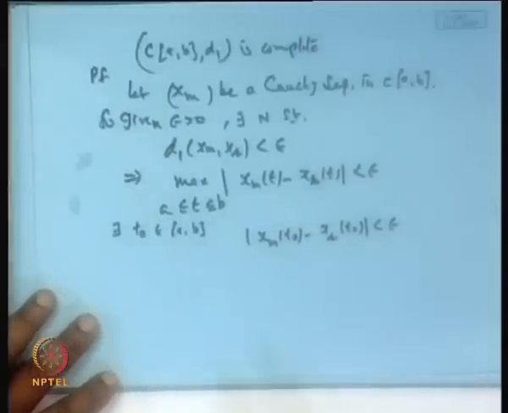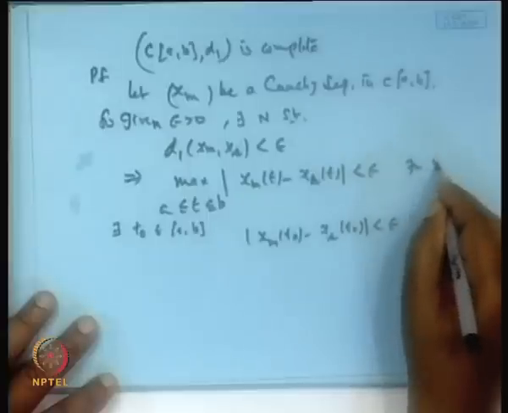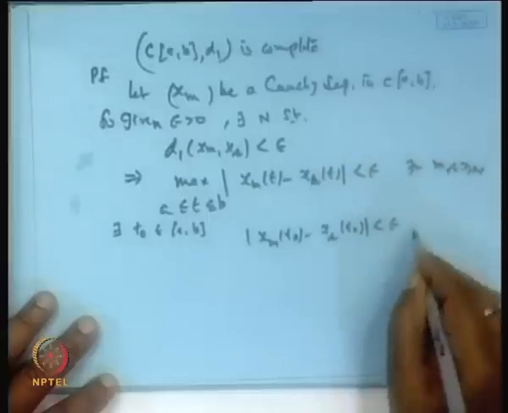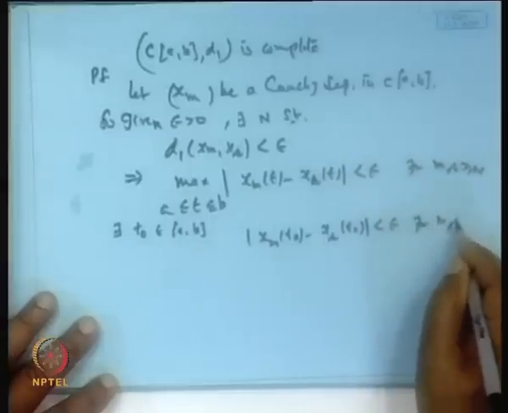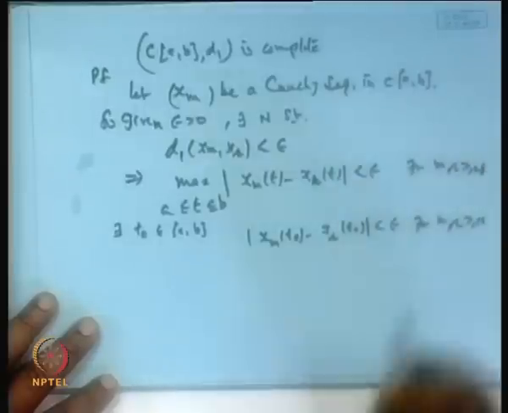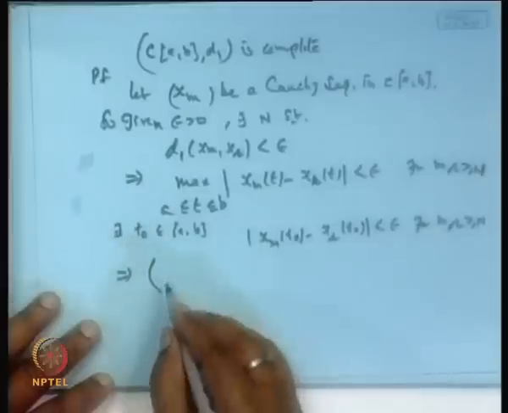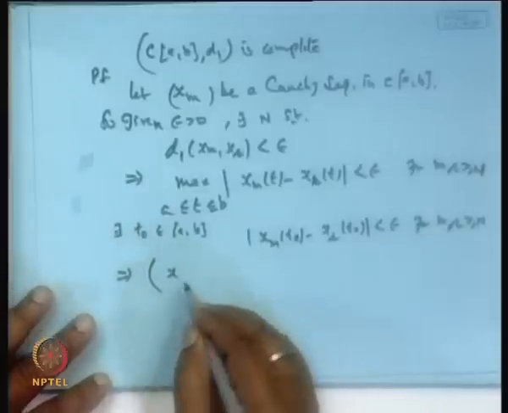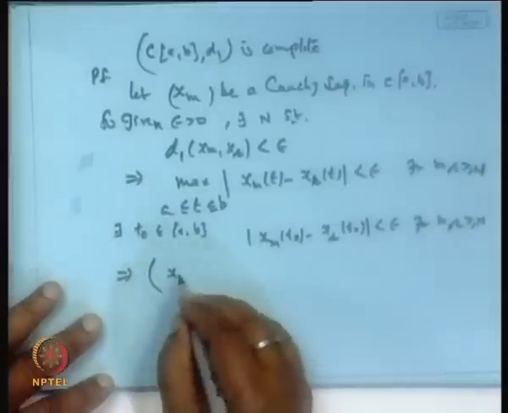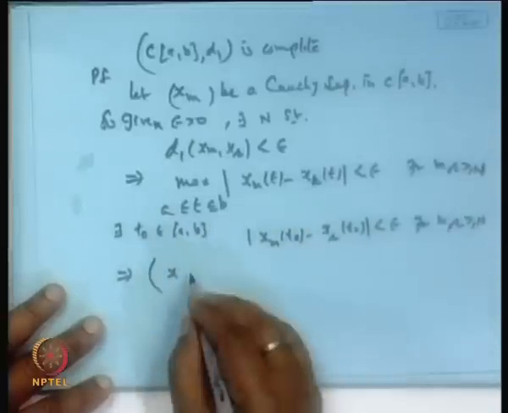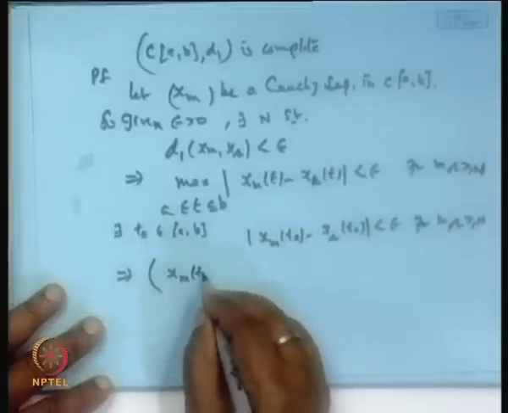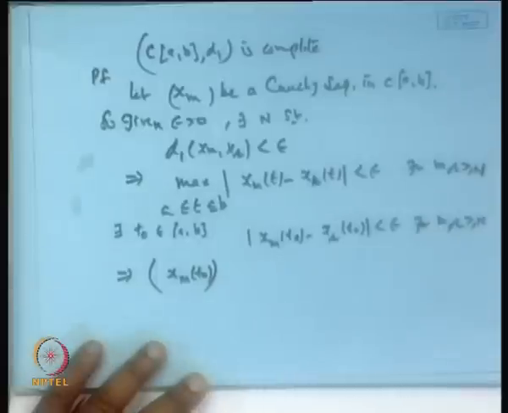Is it clear? And this is true for all m, r greater than or equal to n. It means this is a sequence: x_m(t naught).